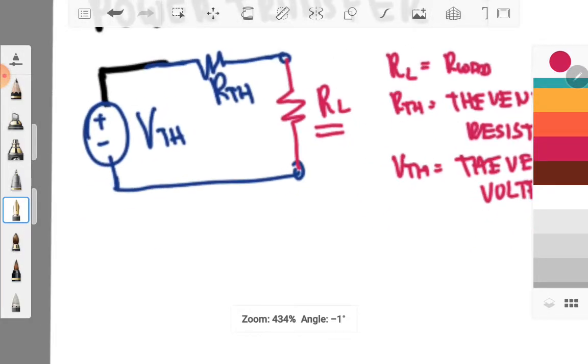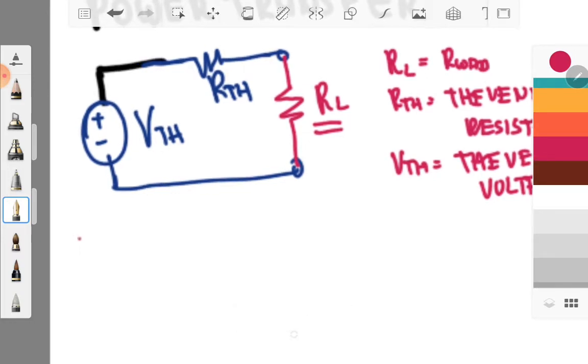So the power at RL can be solved using P is equal to either V squared over RL, or VRL squared over RL, or it's also equal to IRL squared multiplied by RL.